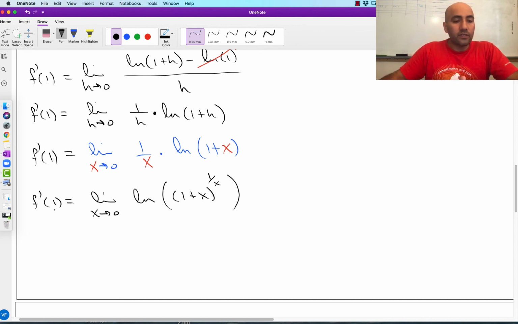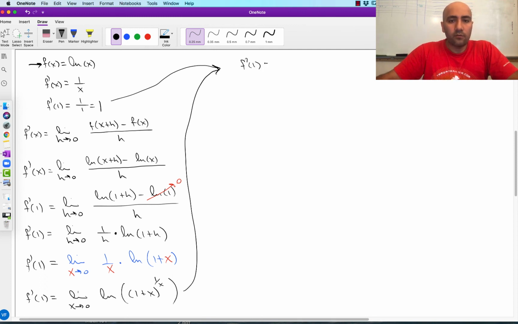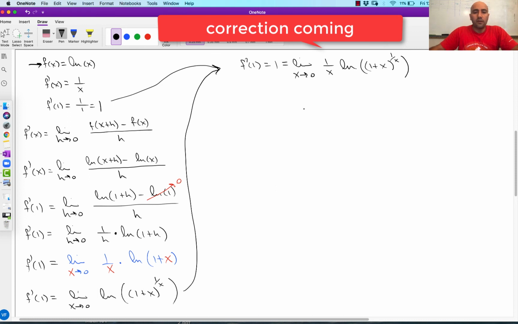But we already knew that the derivative evaluated at 1 was equal to 1. So bringing those two things together, we can conclude that f prime of 1, which was equal to 1, is also equal to the limit as x goes to 0 of ln of 1 plus x raised to the power of 1 over x. So we're just going to focus on this part here. That's one thing we know.